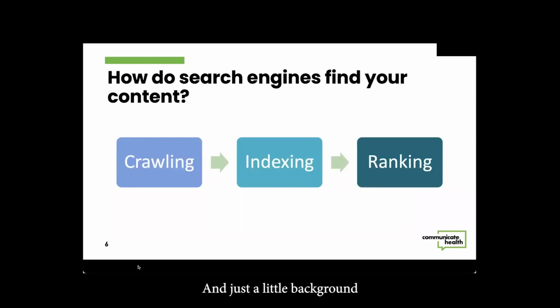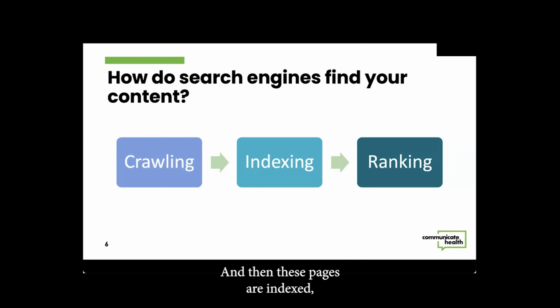And just a little background on the technical side of how search engines find your content. Search engines work by crawling billions of pages across websites using website crawlers. You may have heard of these website crawlers referred to as spiders or bots. These crawlers navigate the World Wide Web and follow links to find new pages.